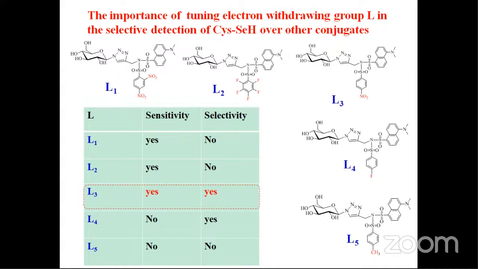But if you look at the L2 compound, it has 5 fluorine groups, and fluorine is a strong electron withdrawing group, the pentafluorobenzene moiety.